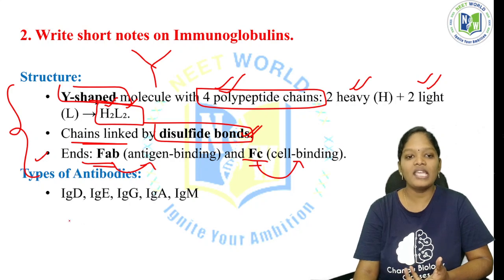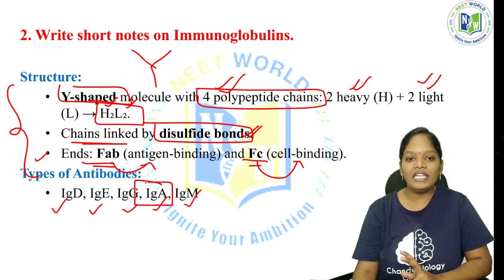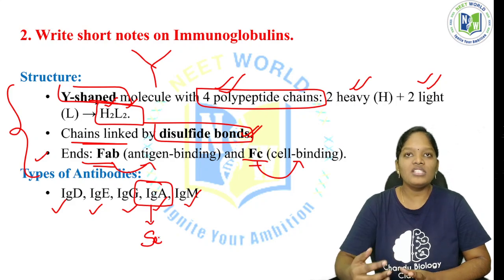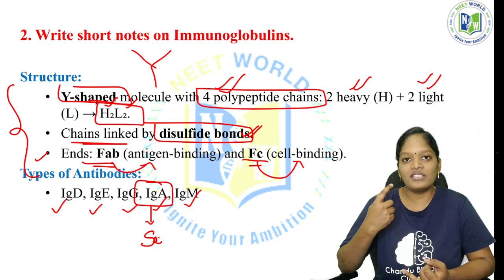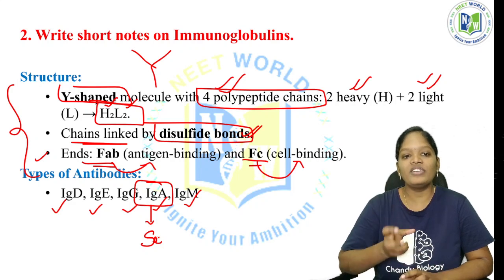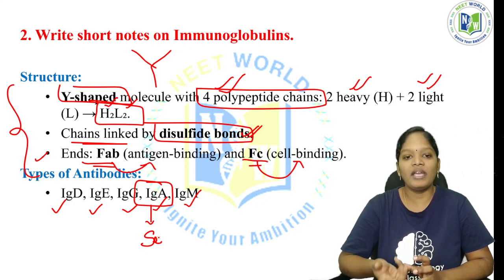We have 5 different types of antibodies: IgD, IgE, IgG, IgA and IgM. IgA is present in the secretions, in the saliva or in the tears, and in the colostrum, the first milk given by the mother to the child.